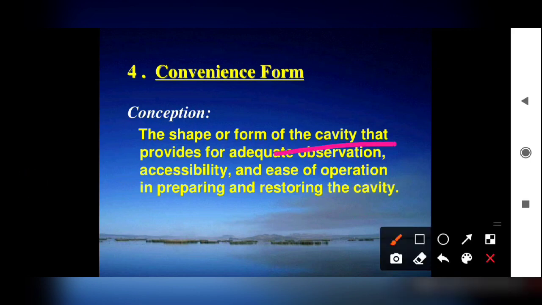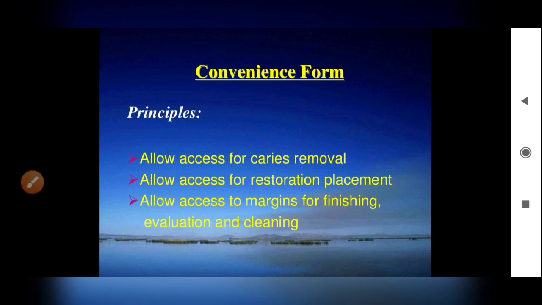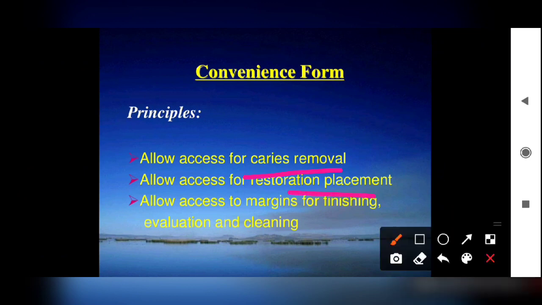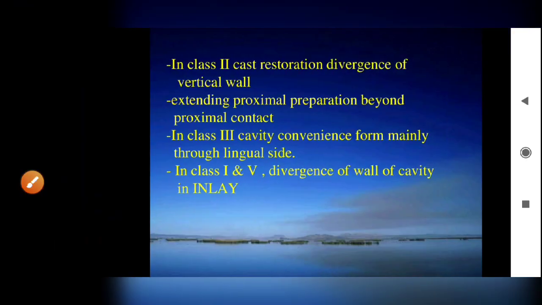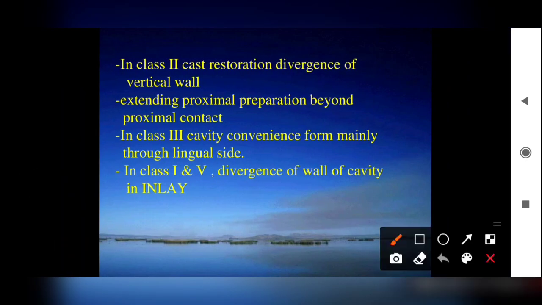What are the principles of the convenience form? It allows access for caries removal and restoration placement, and allows access to margins for finishing, evaluation and cleaning.